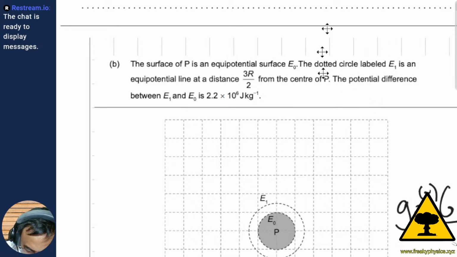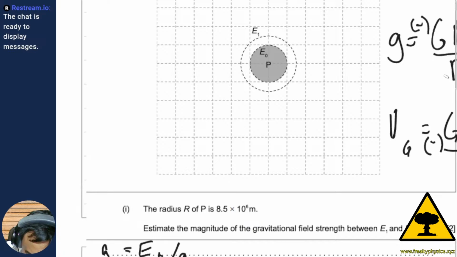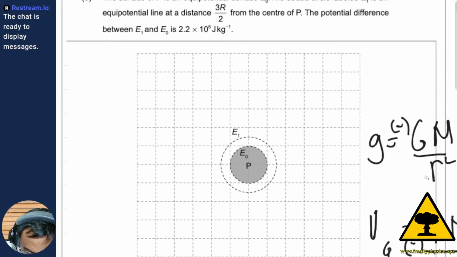Okay. So it's already given here that the potential difference between that, okay? So delta E would be equal to E1 minus E0, and it's already given as 2.2 times 10 to the 6.